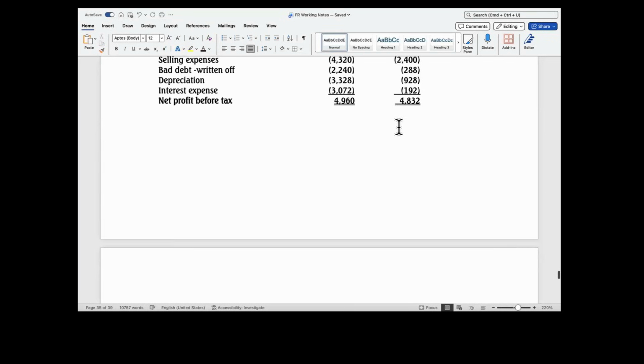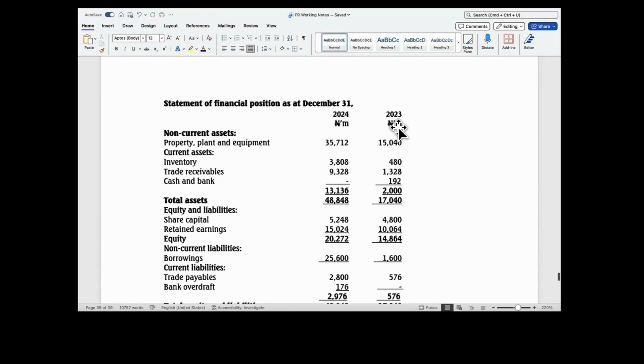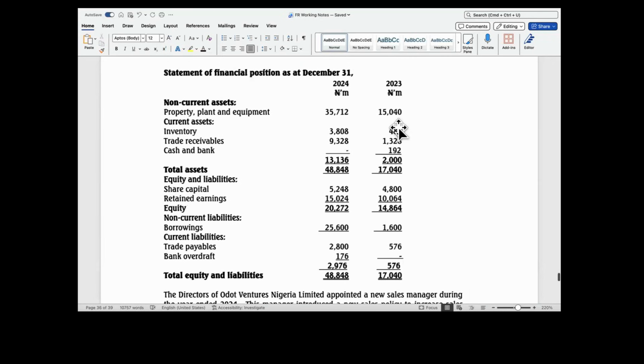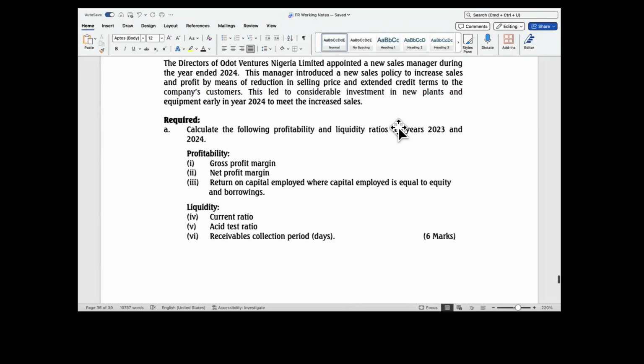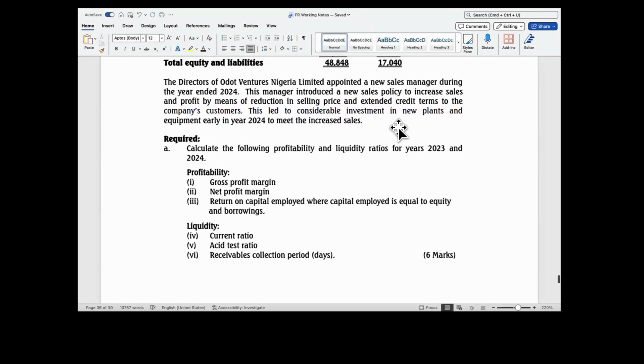All figures in millions assumed to be correct. Statement of financial position as at December 31st, 2024 and 2023. All figures in millions assumed to be correct. Additional information.